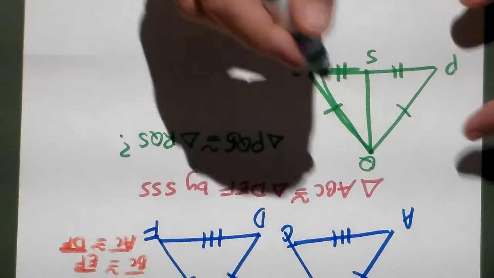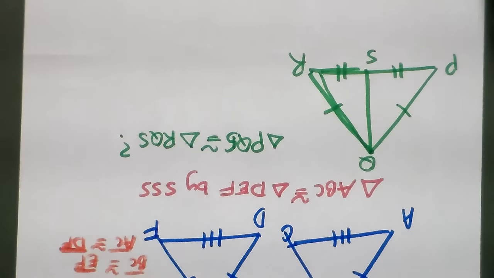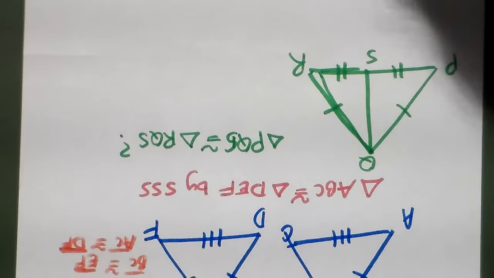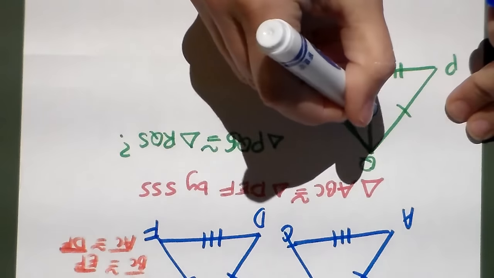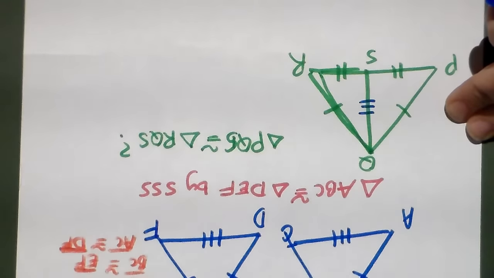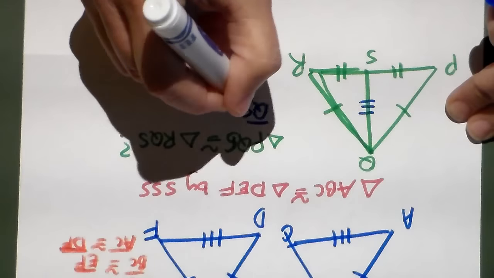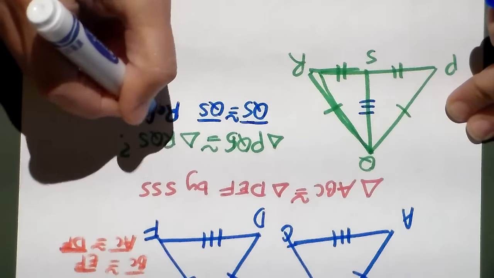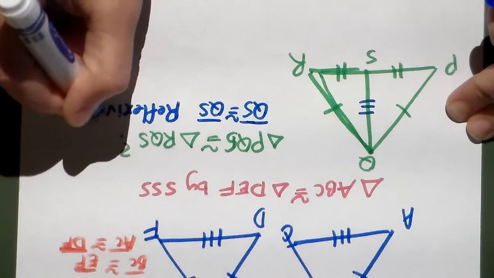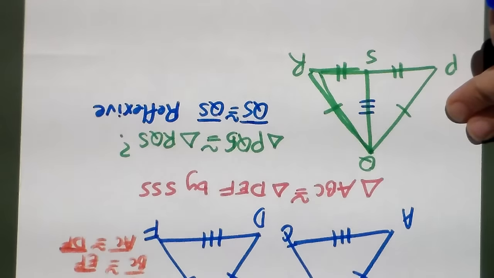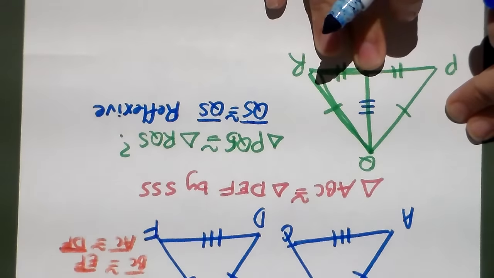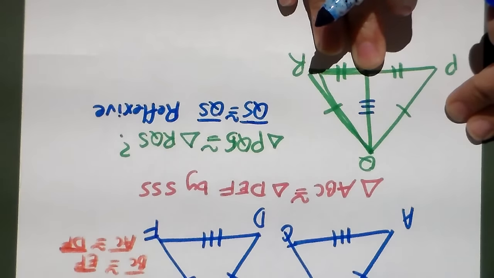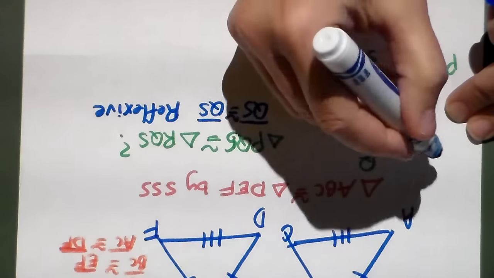Well, I'm going to look at the triangle and see if there's anything I can determine that I haven't seen yet. And remember, those two triangles share that side. So I know that QS is congruent to QS by the reflexive property. Reflexive property says something's always congruent to itself, and we use it when we have a shared side.